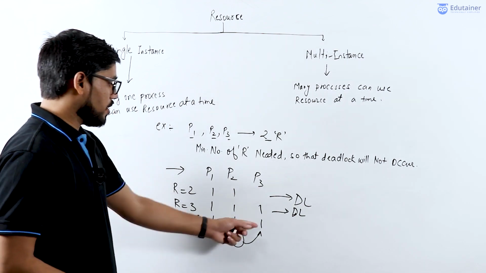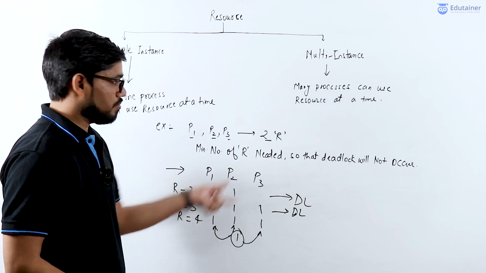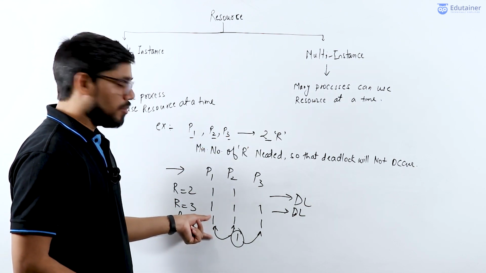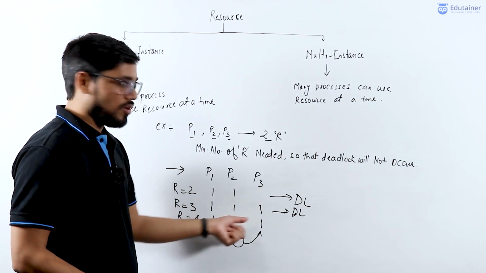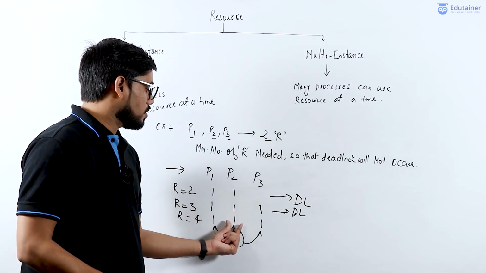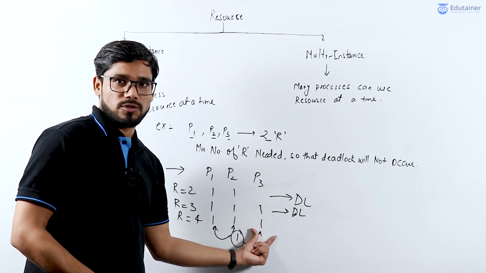If any of these three processes gets this one resource, then it will complete its execution, because each process requires 2 units of resource R, and after completing, it will give its resources to the other process. Similarly, the other process will also complete its execution and give its resources to the remaining process.